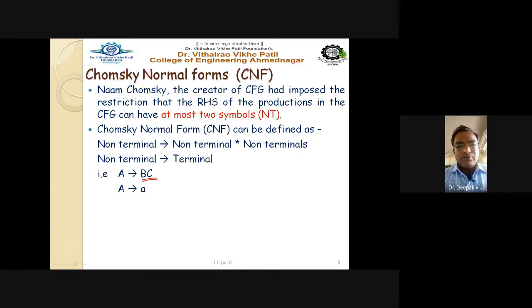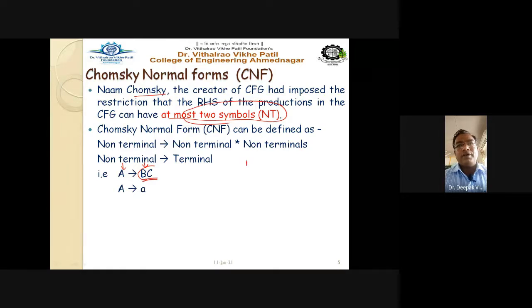Normalization means we are imposing restrictions, limiting the number of terminals and non-terminals on the left-hand side or the right-hand side. Noam Chomsky proposed the rule that on the right-hand side there must be at the most two non-terminals.